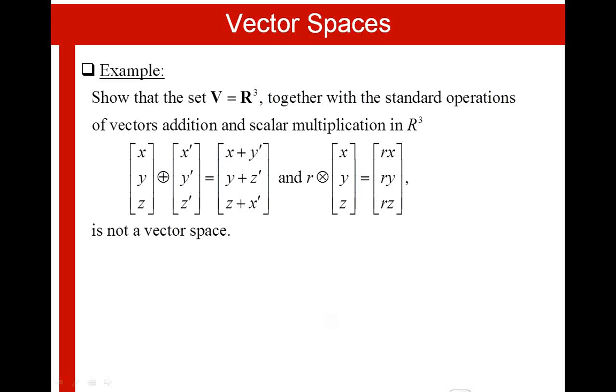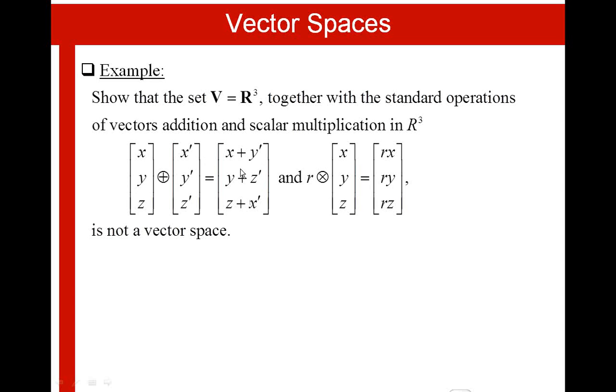Example number 2: show that the set V equal to R3 together with the standard operations of vector addition and scalar multiplication in R3 is not a vector space. The rule for this particular set V is, if we have two vectors (x, y, z) and (x prime, y prime, z prime), we note that the rule is as follows.